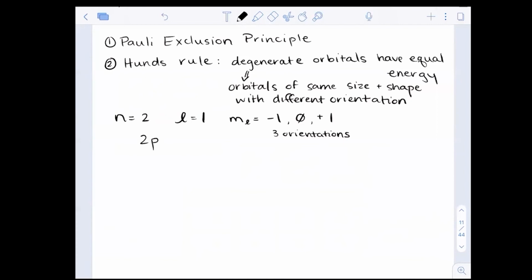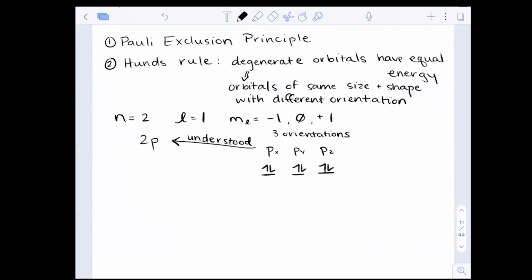Now, in electron configuration, we as chemists like to abbreviate things as much as possible. So the px, the py, and the pz will all be encompassed in that 2p, and they're understood to all be there. There are 3 orientations, and each orientation can have 2 electrons.